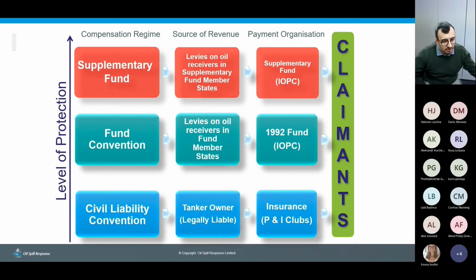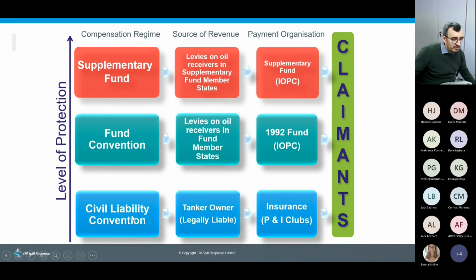We talked about a few of those reasons why they might be exempt: acts of war, negligence of the local authorities to keep navigational marks together, or the ship owner is financially incapable of meeting their obligation under the CLC, Civil Liabilities Convention, and insurance is insufficient to pay valid compensation.